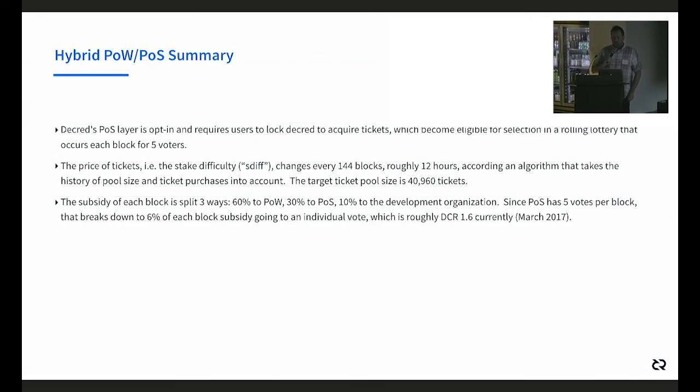So I had mentioned that proof of stake overrides proof of work. If enough of the proof of stake miners on block N vote no on their first vote bit, and this is a fixed vote bit, I'll get into this in more detail later. If over 50% of the votes included in the nth block vote no on the previous block, then the proof of work reward is stripped from block N-1. So let me give you an example.